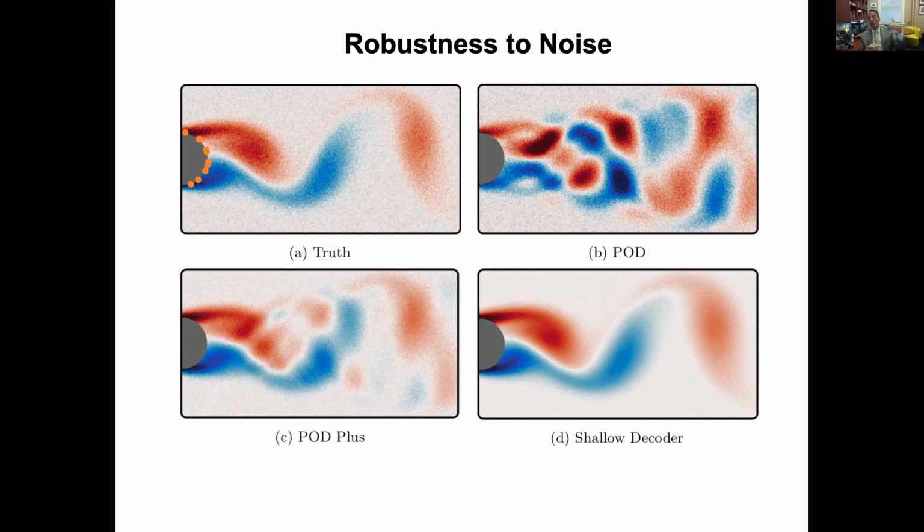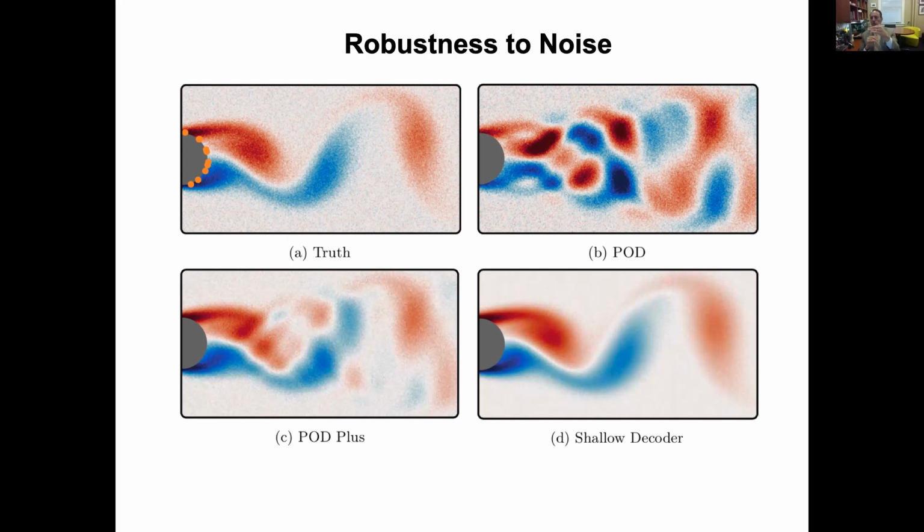So if you do a linear map, that's the top right. The linear map says, okay, if you give me these measurements of the balls, that's what I'm going to give you there, which actually doesn't look like the flow physics very much, right? It's pretty messed up. In fairness, it does have some of the structure of this, but it's a terrible representation of a specific instance of time of what this thing is looking like.